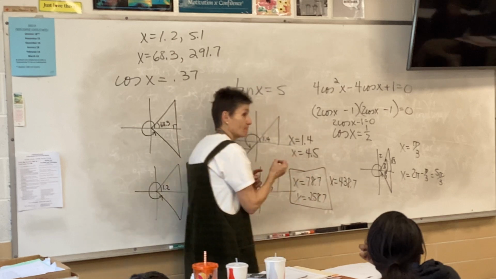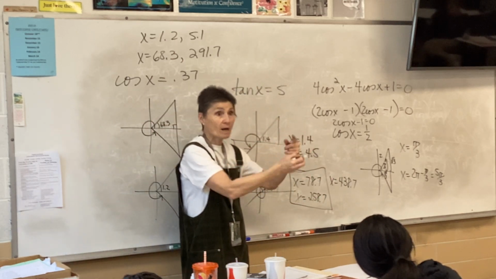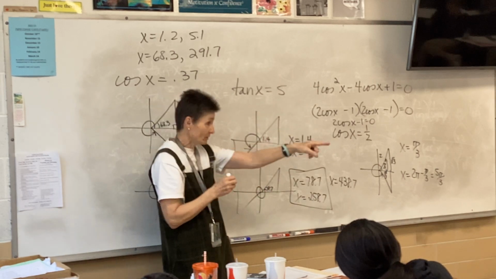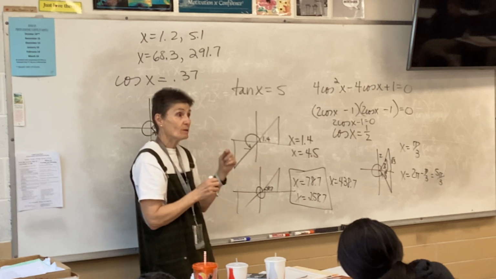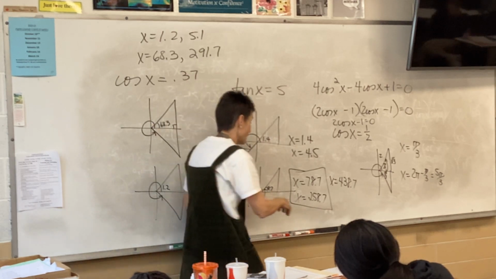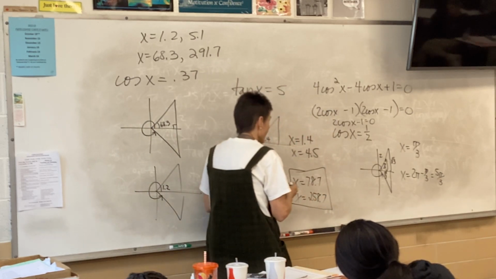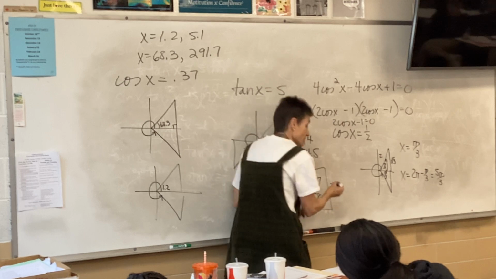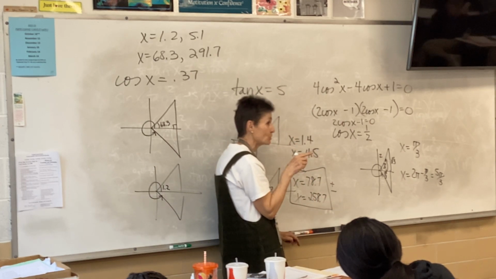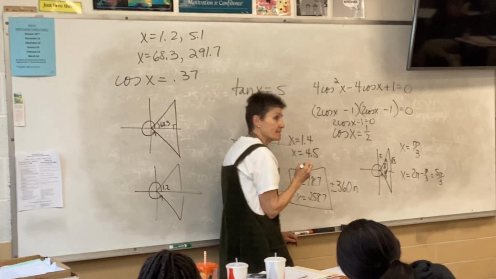These are the beginning. But then, how do I get all those other infinitely many ones? I add or subtract revolutions. Remember when you found coterminal angles? So what we do is, we take these two right here, and we add or subtract revolutions, multiples of 360.